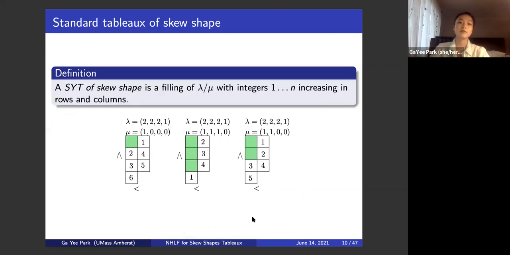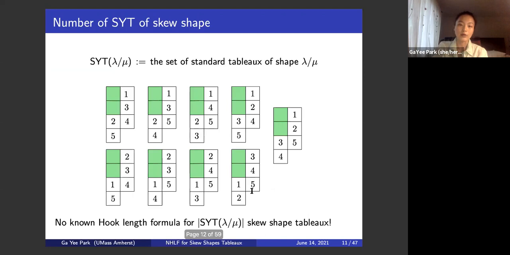And again, you can fill these skew diagrams with numbers from 1 through n and make them into tableaux as well, increasing in rows and columns, and here are the examples. And let's focus on this border strip here on the right. And here I have written all the standard Young tableaux of this particular skew shape.